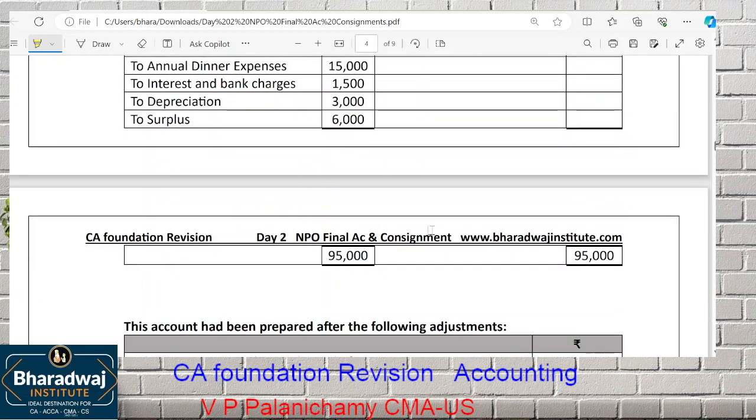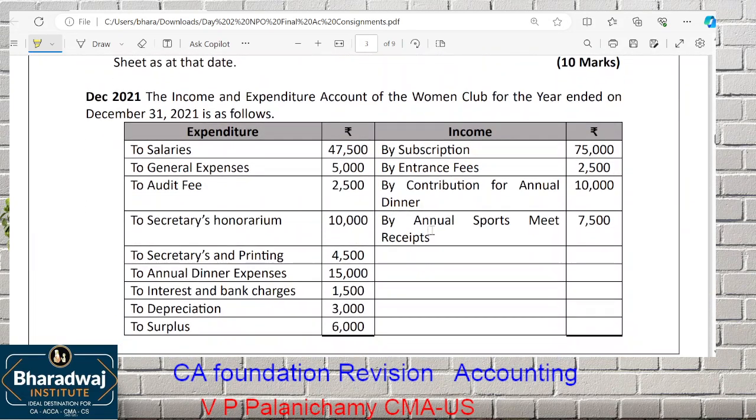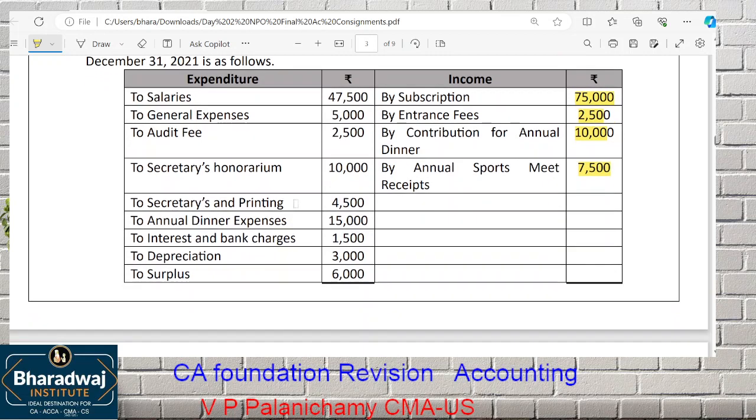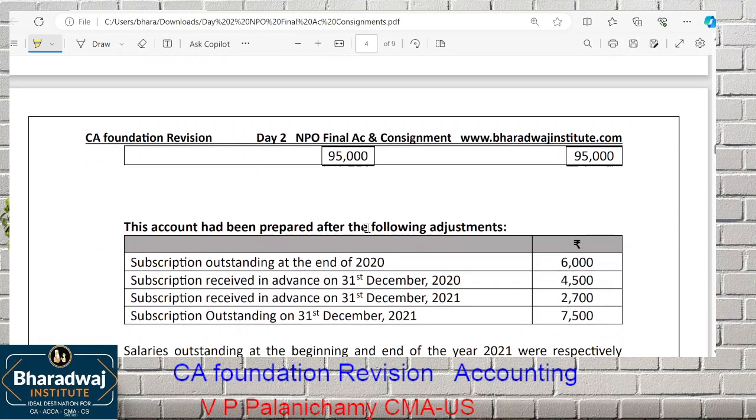The structure of the question is the same. By subscription 75,000, entrance fees 25,000, contribution for annual dinner, annual sports meets receipts. All these things will come on the receipt side. Salary, general expenses, audit fees, secretary salary, except this one. Which one? Depreciation and surplus will come.